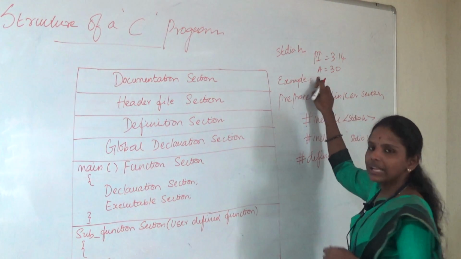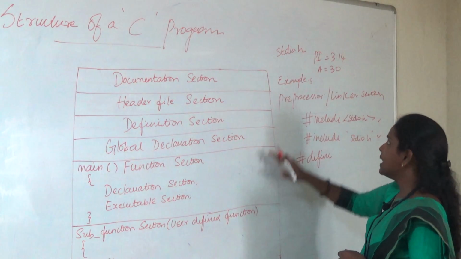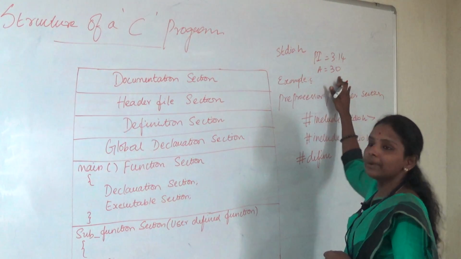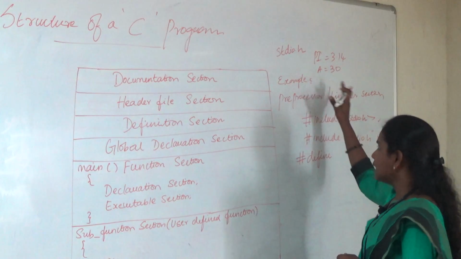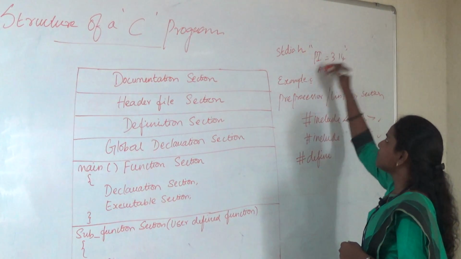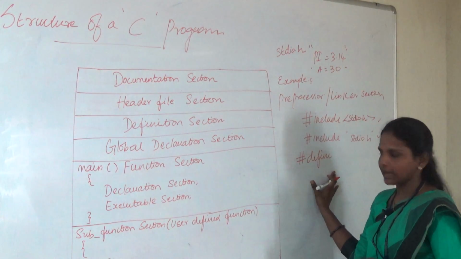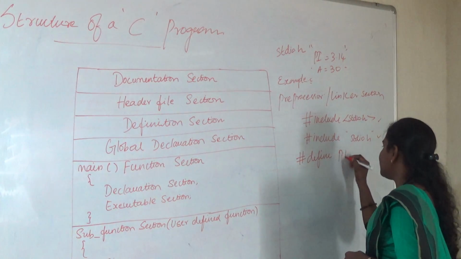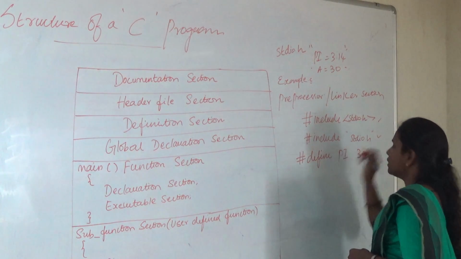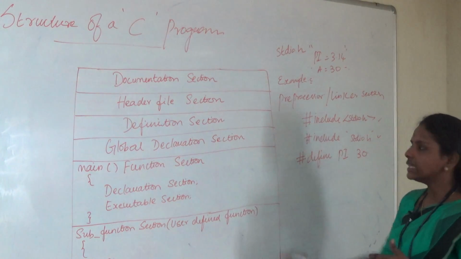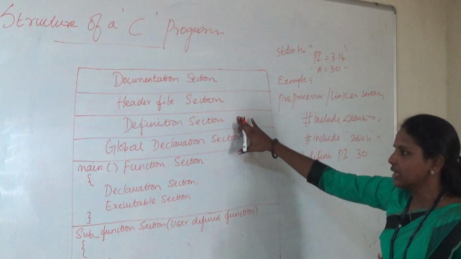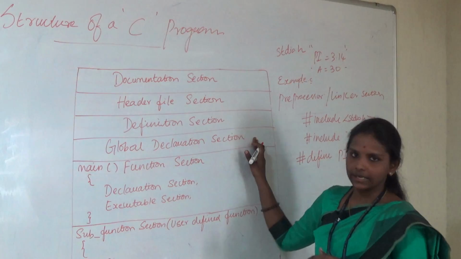If you are using a variable a inside your program, its value should automatically be taken as 30. So these kinds of things can be inserted as a definition part. So hash define pi and its value. This is a part of your definition section, and next comes your global declaration section.